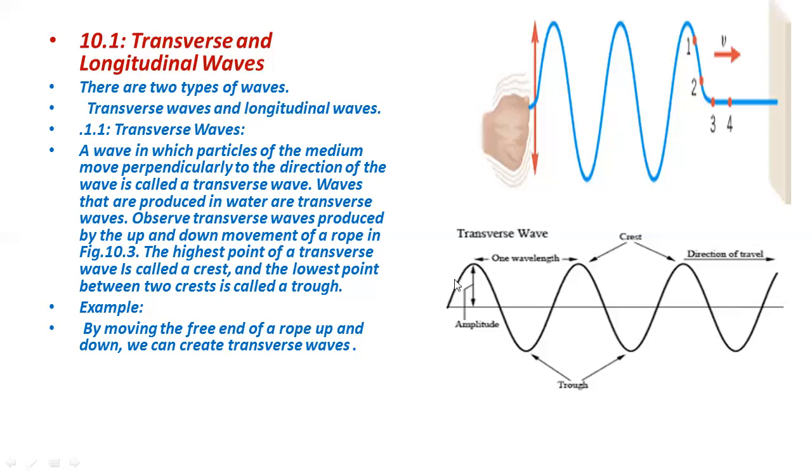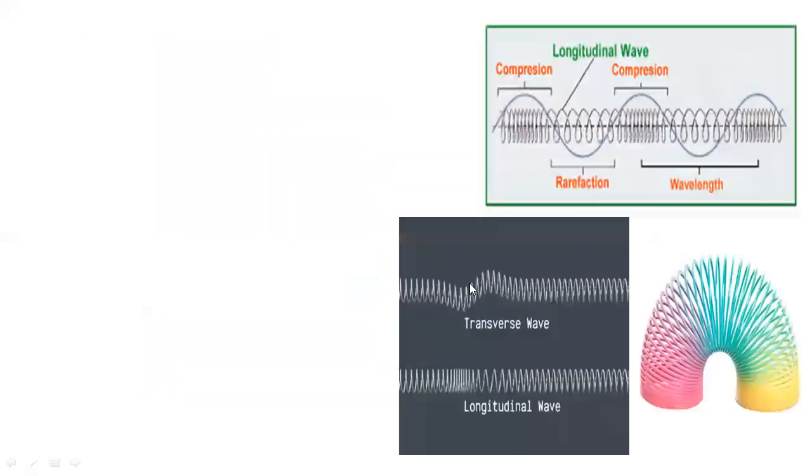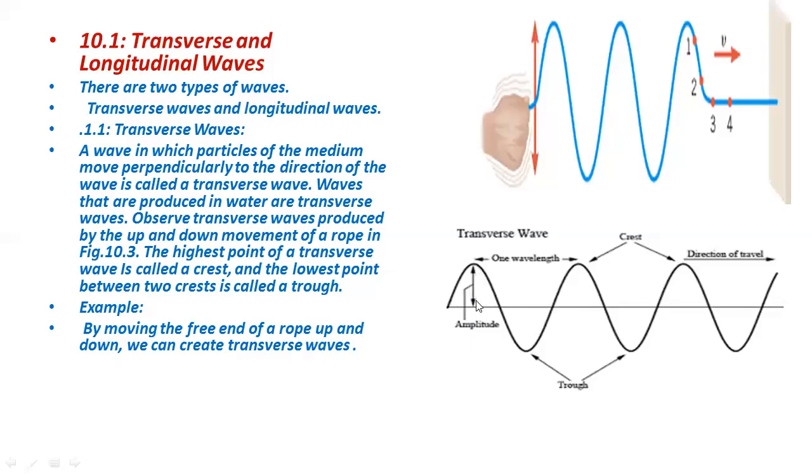But you can see the particles move perpendicular. You know about the perpendicular. Perpendicular means the line which is making an angle of 90 degrees with the surface. So the particles are making an angle of 90 degrees with the direction. That's why we can say that the particles move perpendicular to the direction of propagation. Direction of propagation means the direction in which the wave is moving.